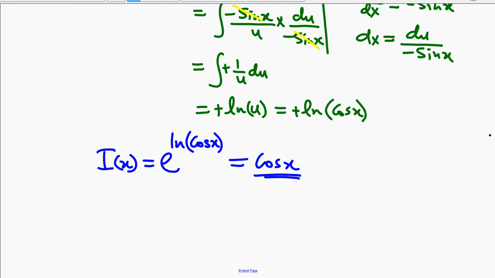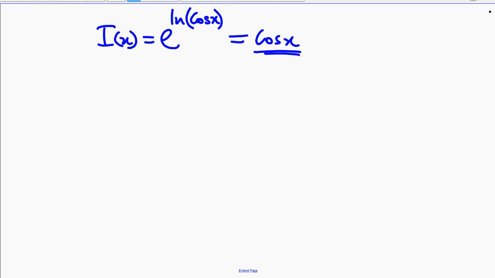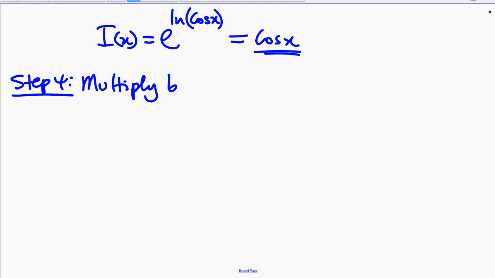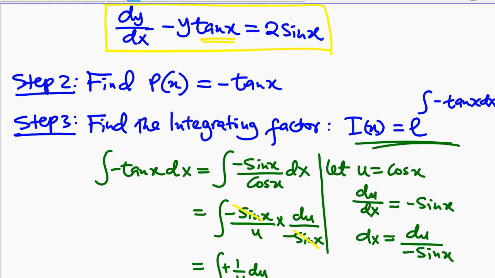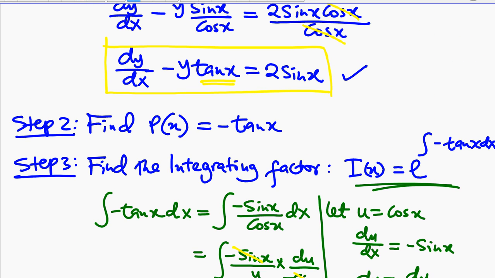All right. So our integrating factor is equal to cos x. So step 4. What you're going to do in step 4 is to multiply both sides by the integrating factor. So we are going to multiply both sides of this equation by the integrating factor.